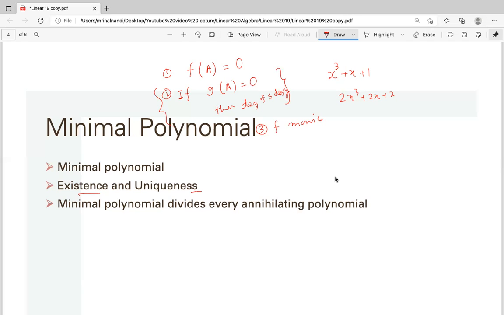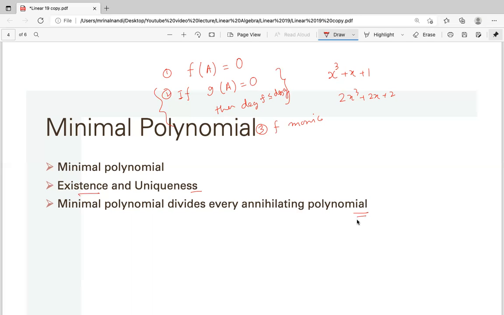So if F is a minimal polynomial and G is also a minimal polynomial, F annihilates A and G annihilates A. F and G have the same degree because both are of least degree, and both are monic. So the difference again annihilates A, but by the definition no polynomial of lesser degree can annihilate A. So this is unique.